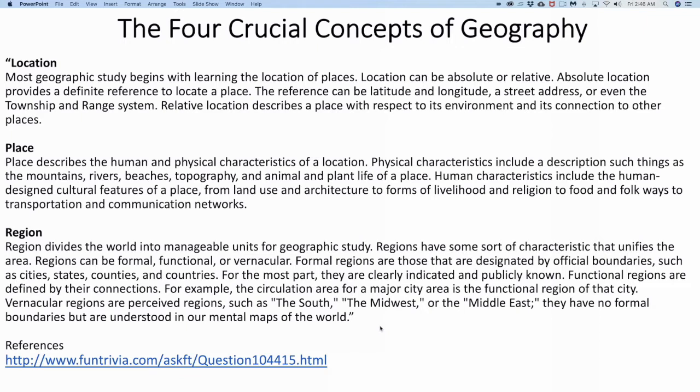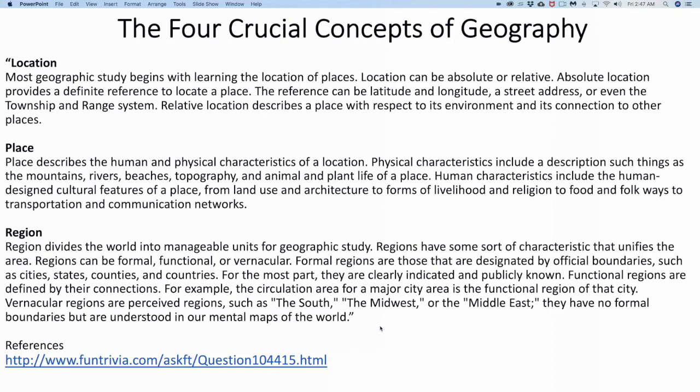Or if you talk about the greater Los Angeles metropolitan area or the greater Toronto metropolitan area, those areas center around a particular location, but they spill over multiple jurisdictions. So what defines a functional region is its functionality, be it some kind of economic functionality, like with Silicon Valley, or be it some kind of socioeconomic functionality, like with the greater Toronto area or the greater Los Angeles metro area or the tri-state area of New York, New Jersey, and Connecticut.